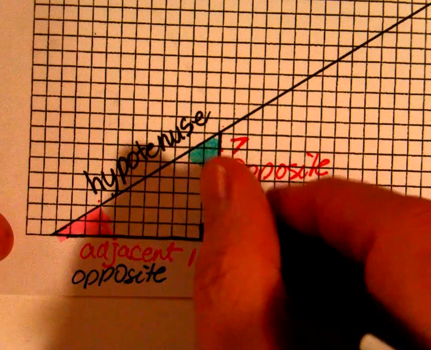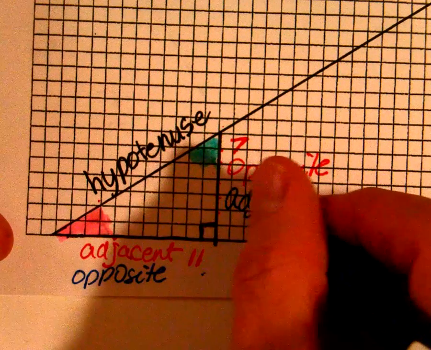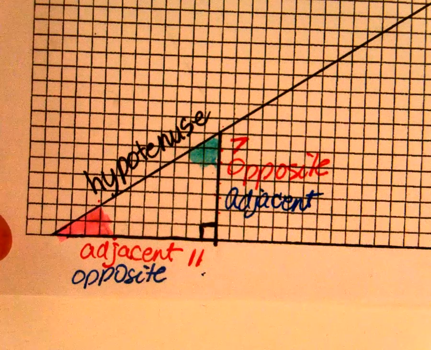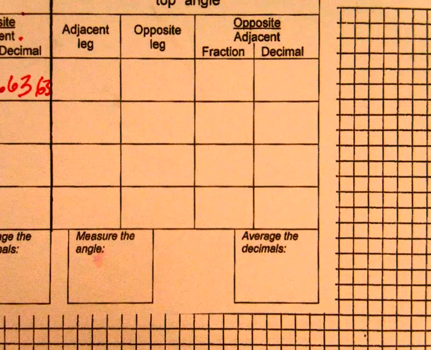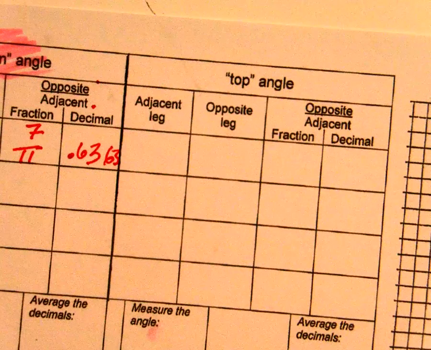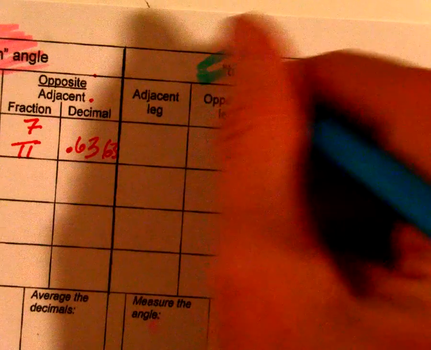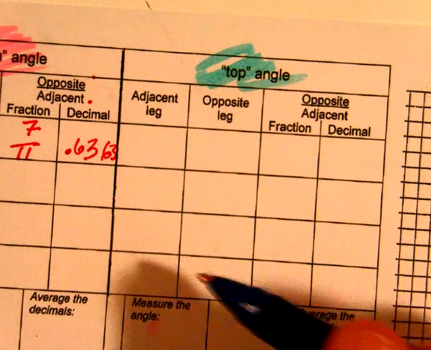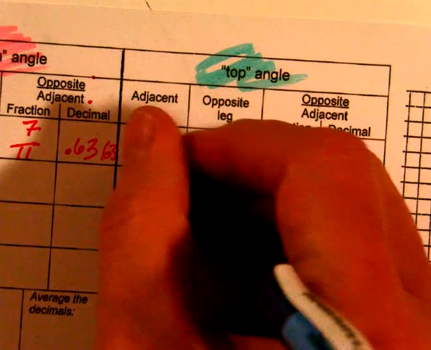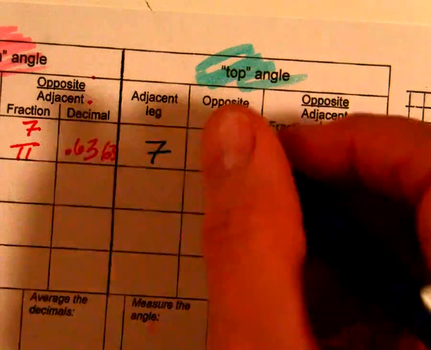And the side here, the vertical, is now adjacent to it. I'm going to write that in up here. Notice it'll be my same numbers, but in a different place. So here's my top angle. The adjacent leg is 7. The opposite leg is 11.